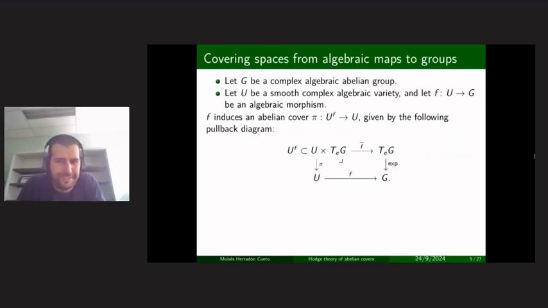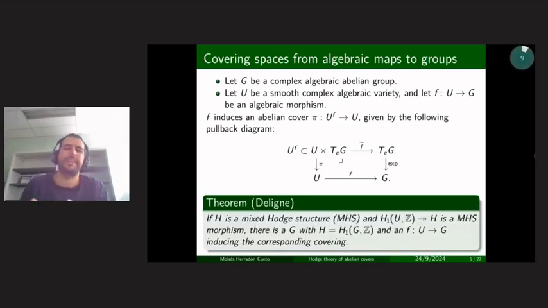So a very important question: am I studying the empty set? The answer is no. There are plenty of these, and Deligne already answered this question. I will talk about Hodge structures later, but before I was talking about pi 1; really, since the groups are abelian, it will factor through H1.